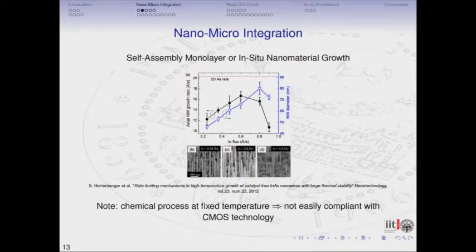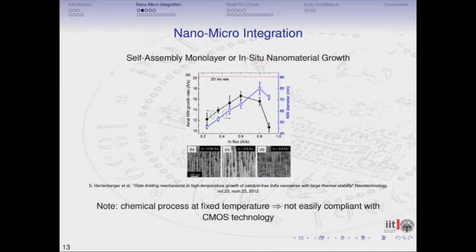The second solution is to grow the nanomaterials directly in situ, on the electrodes where you want to integrate your nanomaterials. You place some seeds and then, under some accurate chemical process, you let your nanomaterial grow directly in contact on your metal electrodes.